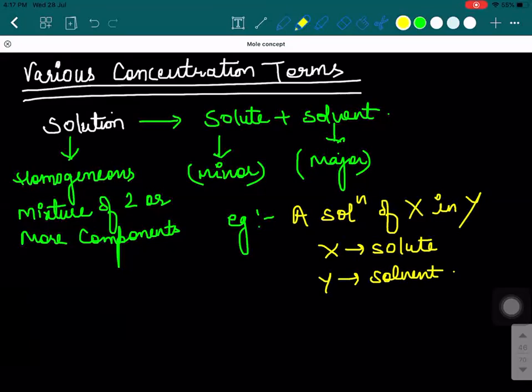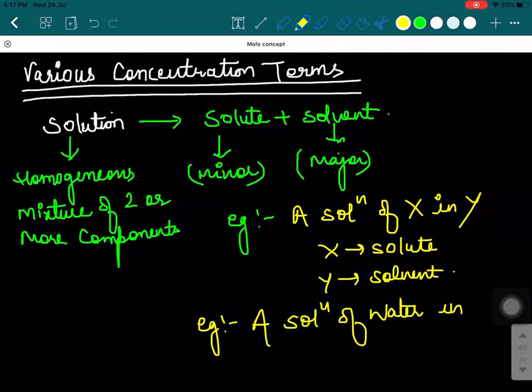It is not always that water will be the solvent. Let's say I am saying a solution of water in ethanol. Then who is the solute? Who is the solvent? Tell me.